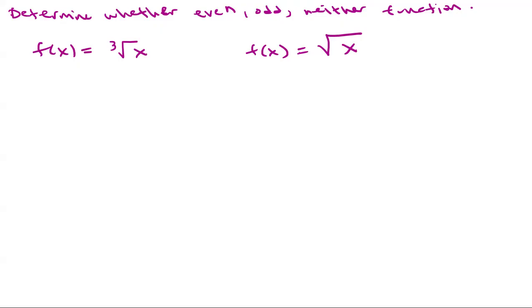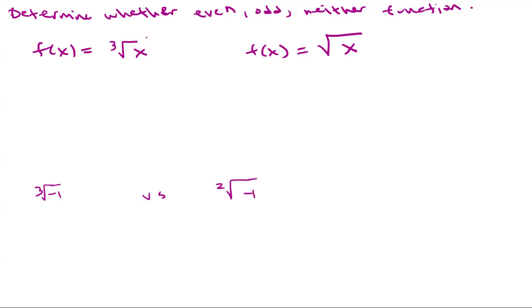Okay, so again, we want to determine whether each of these functions is either even, odd, or neither. And so before we do that, let's explore the negative. So if I have the cubic root of negative 1 versus the square root of negative 1, right?